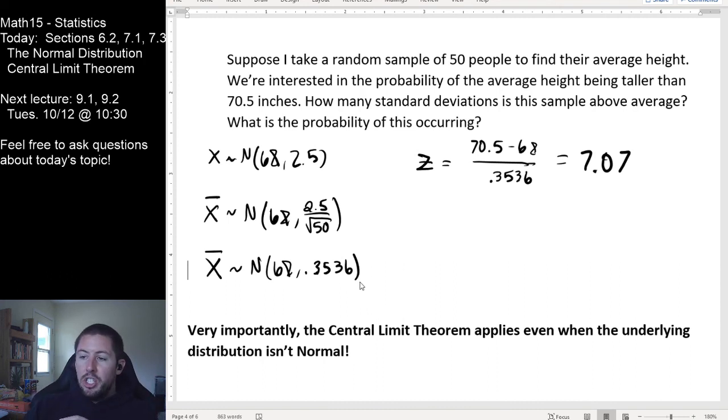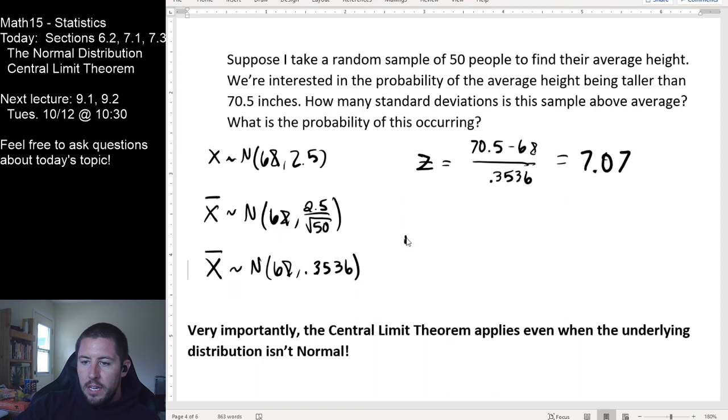So again, Shaq is like 6 standard deviations above normal in individual height. 50 people having an average height of 70.5 is 7 standard deviations above normal. So this is more unlikely of an event, that you would take this sample of 50 people, than it is that you would take a sample of one person and get somebody of Shaq's height. That's ridiculous. This is going to be a minuscule probability here.